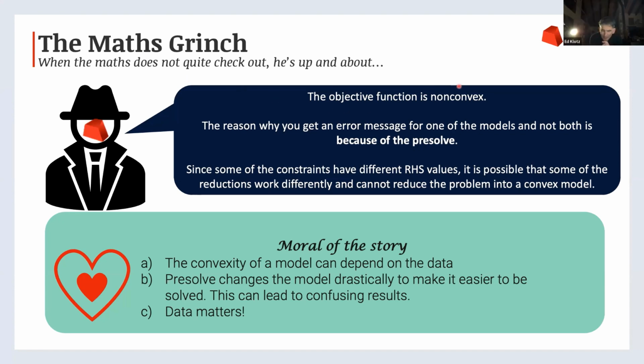Okay, moving on. Sorry, one last thing. Go for it. This example could just as well have been phrased as, even though I don't know if we've had this ticket, I initially solved my model, and it was solved as an LP. And then I changed the right-hand side, and now it's solved as a MIP.